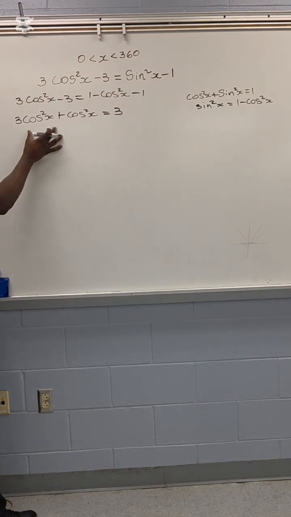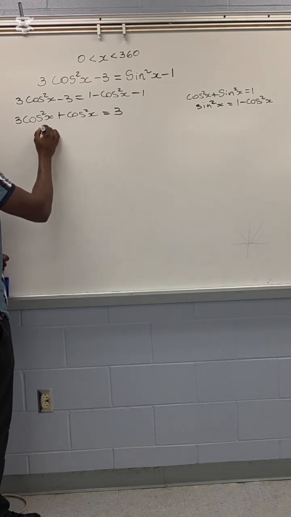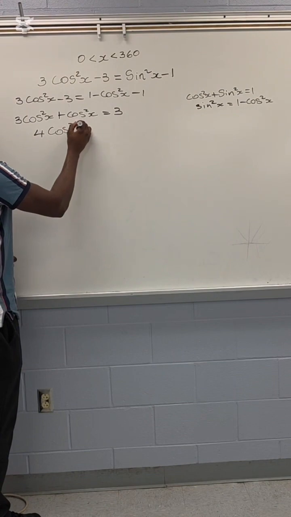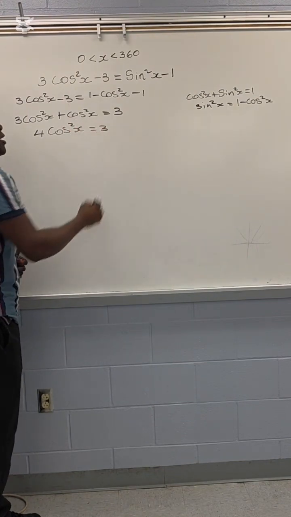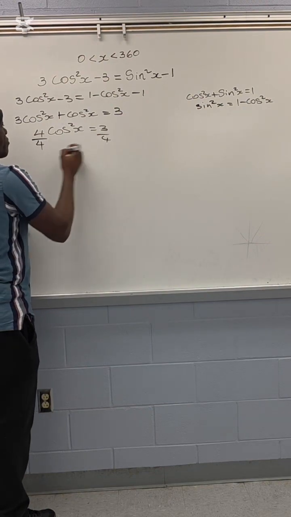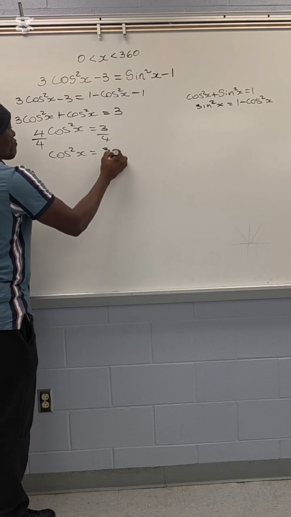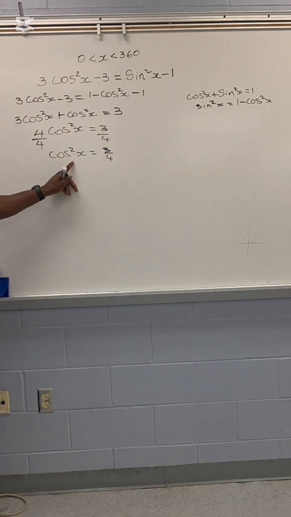Now, if we check this, this is 3 cos square x plus cos square x. It's going to become 4 cos square x equal 3. And then I'm going to just divide by 4. So cos square x is equal to 3/4.